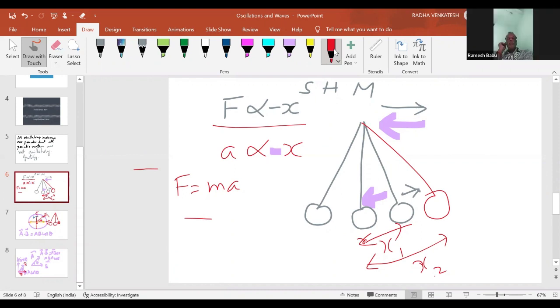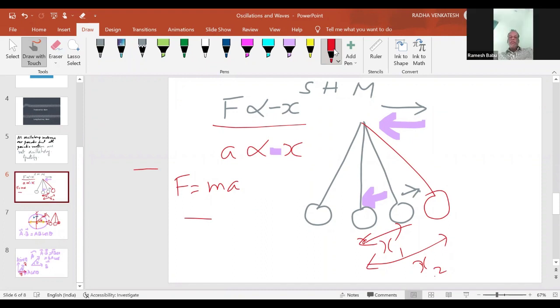You agree? Later on, damping happens, so slowly the amplitude or displacement will start decreasing. But at least for the first few, it will go through the same displacement. That means it will take the same time to repeat its motion. Will you agree?